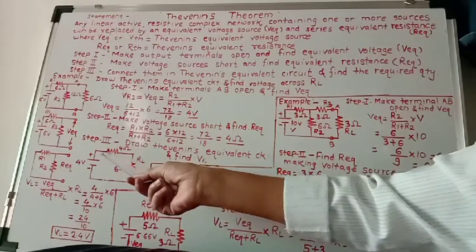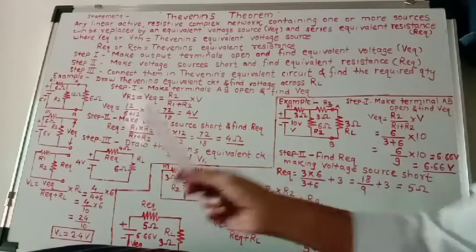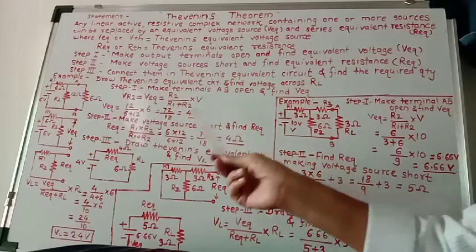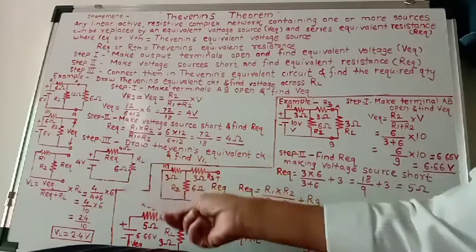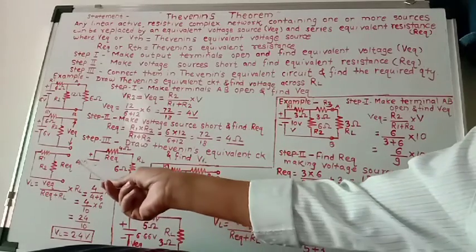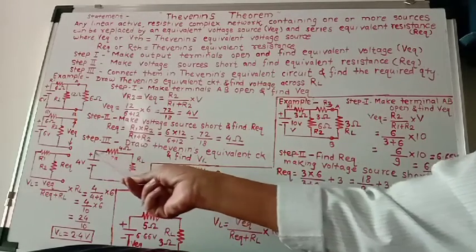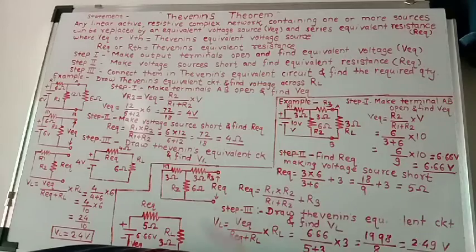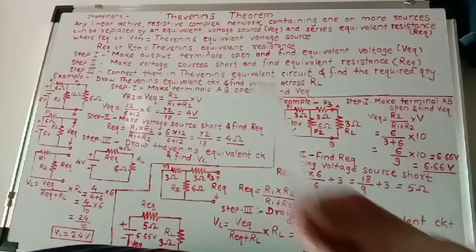Then R equivalent and RL are in series, and V equivalent is 4 volt. So this is the Thevenin's equivalent circuit, which consists of only one voltage source and a single series resistance. This is a simplified, simple series circuit.